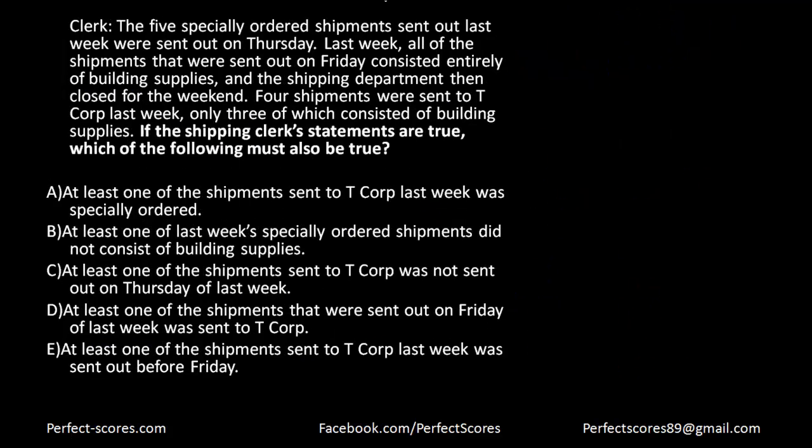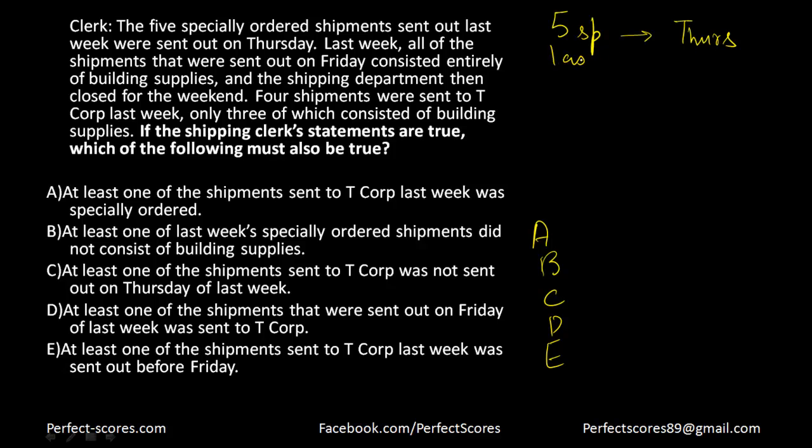Next question. Again, if the shipping clerk's statements are true, which of the following must also be true? So let's draw the options here. We have the options here. Now the clerk says the 5 specially ordered shipments sent out last week were sent on Thursday.